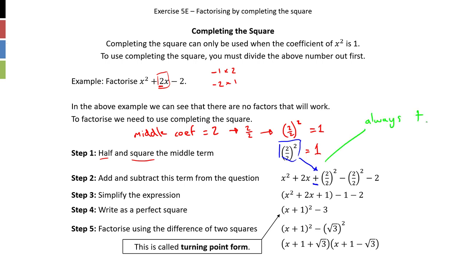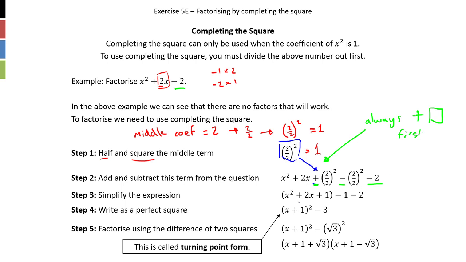Always the addition of our term first, then subtraction. You'll see we add and then we subtract, because adding 1 minus 1 cancels out to 0. It keeps the expression equivalent. Then our end bit just goes on the end as normal. So we always add our special term first, then subtract it, then our constant on the end like normal.